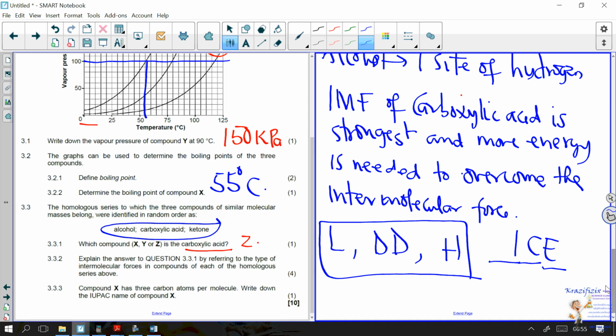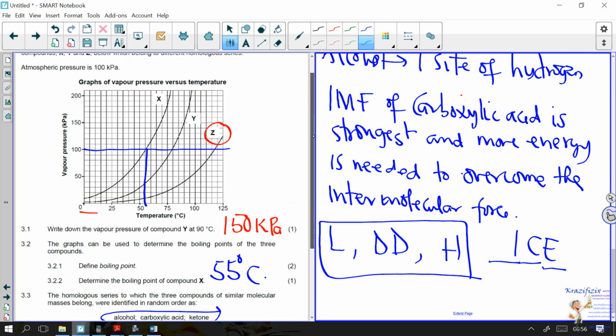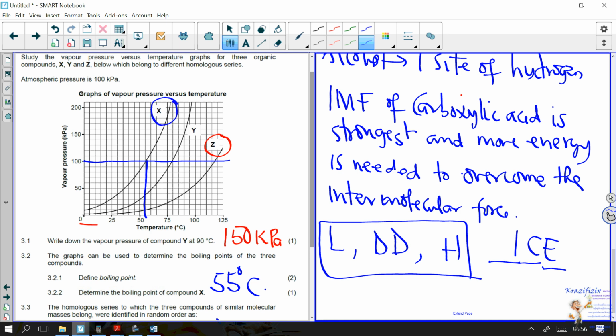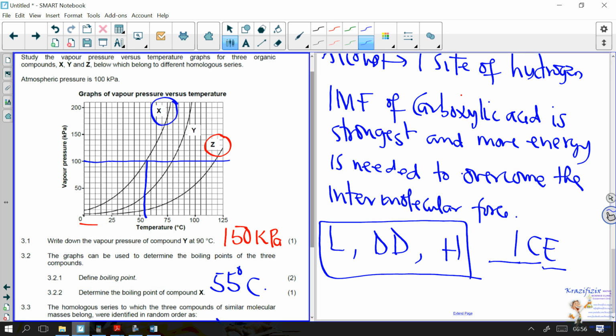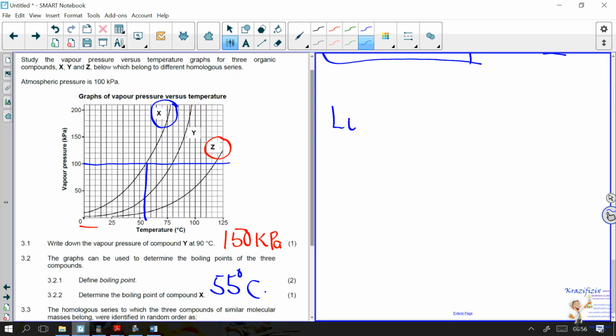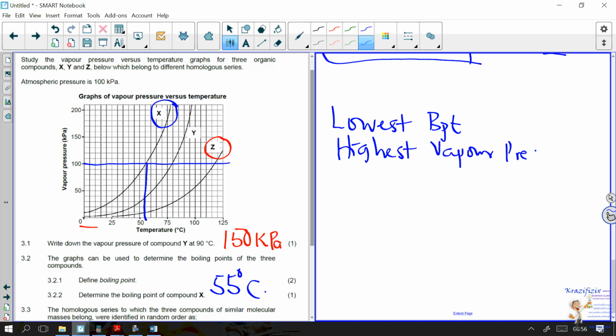3.3. Compound X. Compound X has 3 carbon atoms per molecule. Write down the IUPAC name. Okay, what do you know about X? X has the highest vapor pressure, which means it has the lowest boiling point. Lowest boiling point, highest vapor pressure. And which one has our highest vapor pressure? It's a ketone. So it's a ketone with a 3.